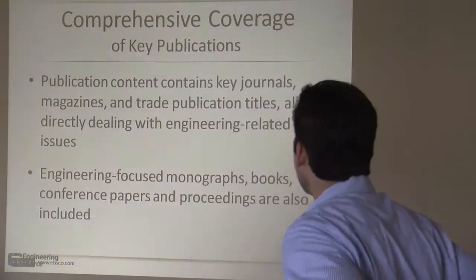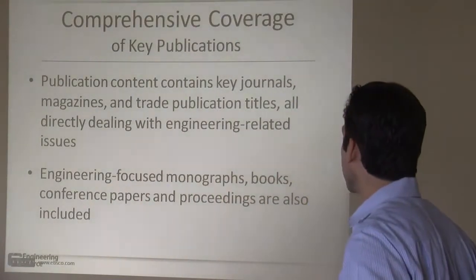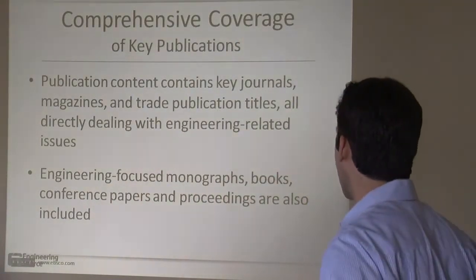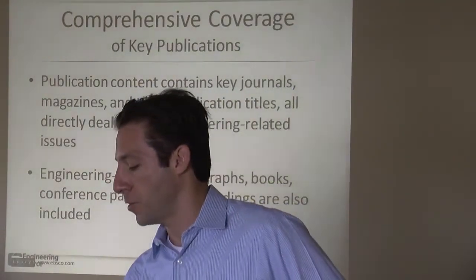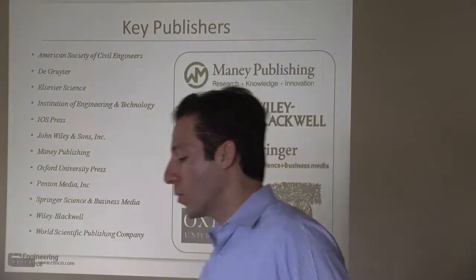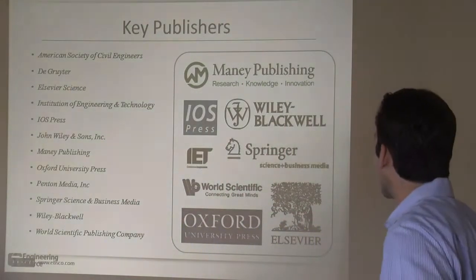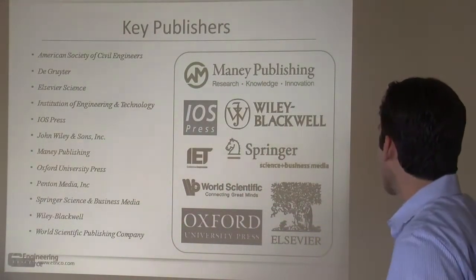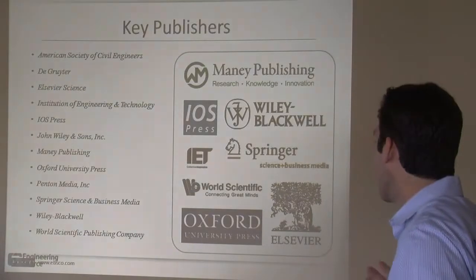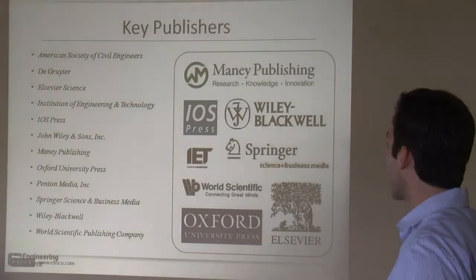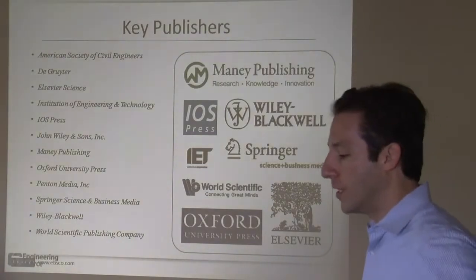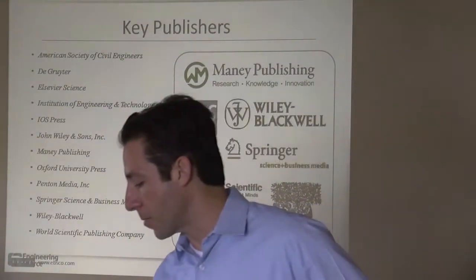Okay, so it covers key publications. You can see engineering focused monographs, books, conference papers, obviously journals and magazines are included as well. So what types of publishers do we work with? Well, we work with publishers like Springer, Oxford, Elsevier, you can see that, IET, Wiley, and Blackwell. So those publishers and their publications are all in this database.